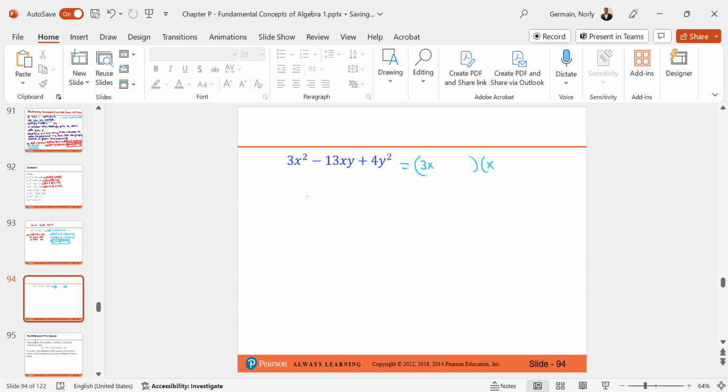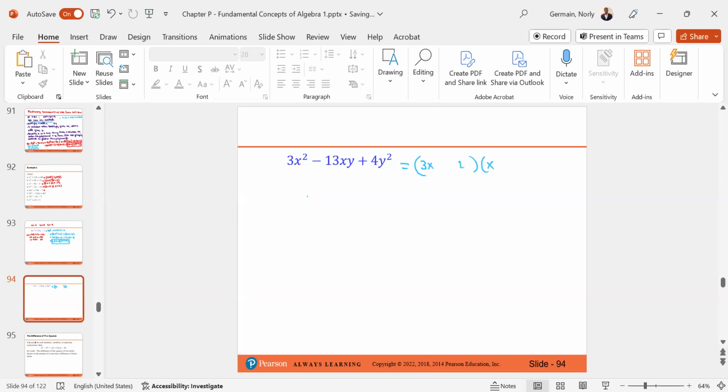Step 2, we need to find two last terms whose product is 4y squared. We're gonna try to find two of them that give you 4y squared. We know 4y squared could be 2y times 2y. We can try that one as well. But what we want to make sure, we need to look at the combinations.